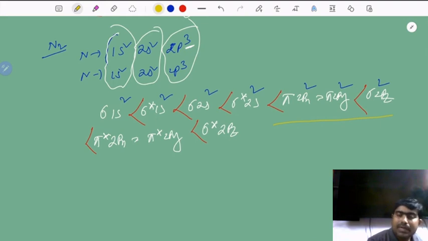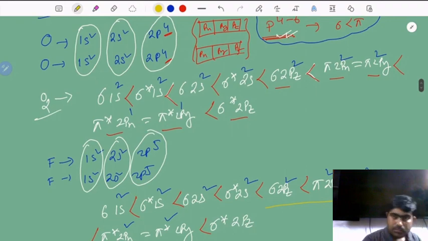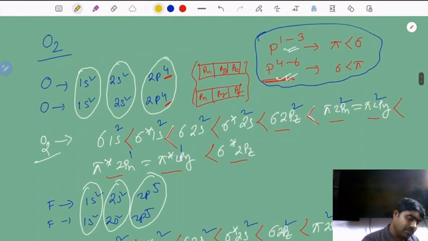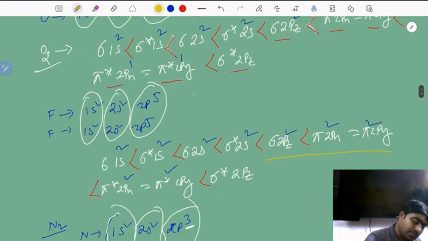Now, from that topic, the important term is the application based question. For application based questions, we have to have an idea about one topic, and the name of the term is bond order. Okay, one term called bond order. See, bond order.